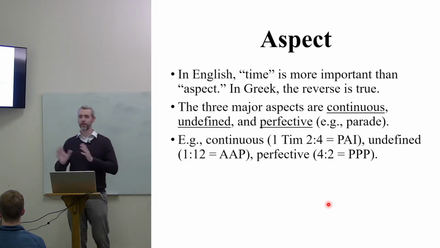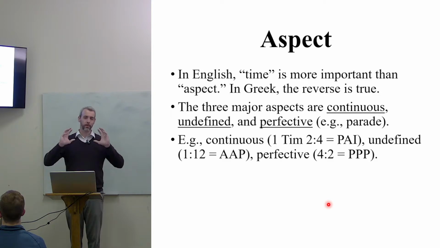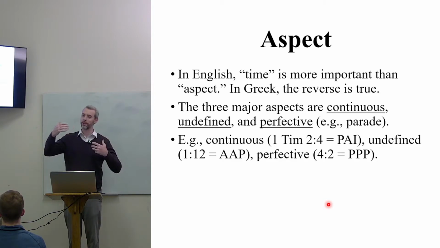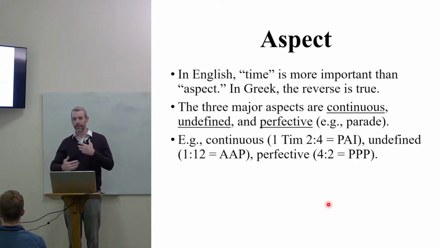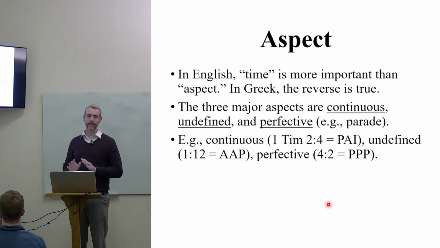As I was talking to some of you after class last time, this is just one of those things where we have to start trying to think like Greeks. So we have to learn the terminology, and then we'll see some examples and see how they thought about it, because they don't think about it the same as we do. That's where we can be very thankful for good translators who think about these aspect ideas. But I want you to at least be familiar with some of the basic elements.